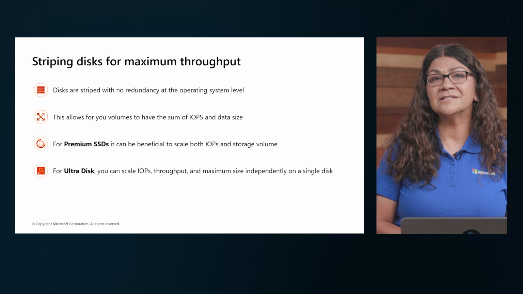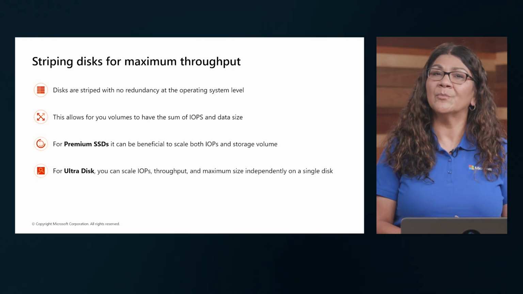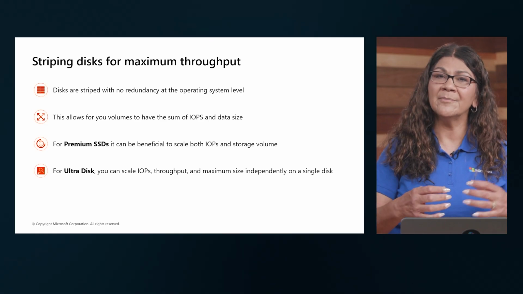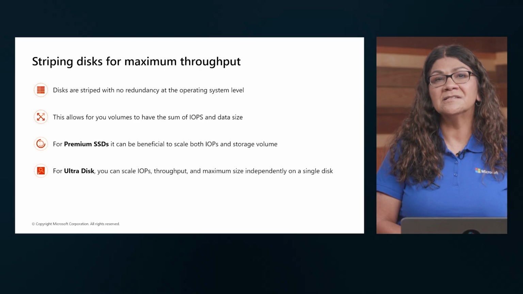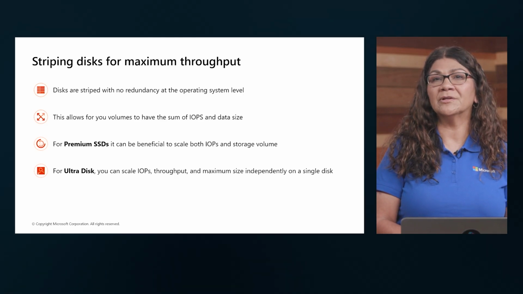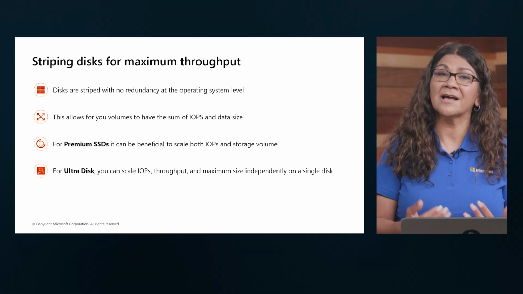To implement this, you can use storage spaces in Windows, where you add multiple disks to a VM and create a pool without redundancy, since Azure already provides built-in redundancy through synchronous replication of the 3 disk copies.